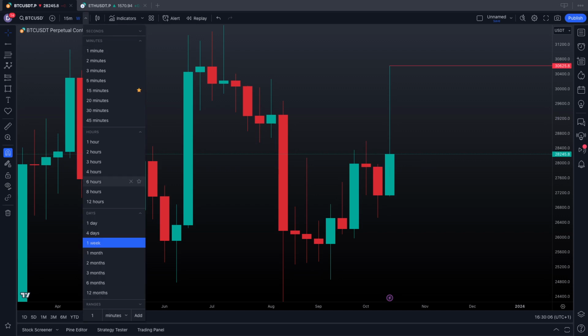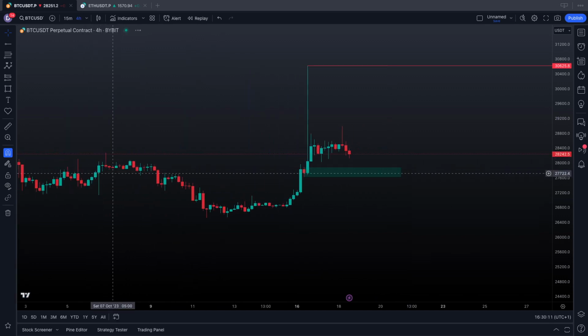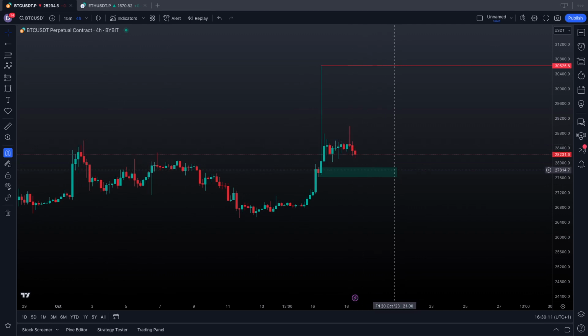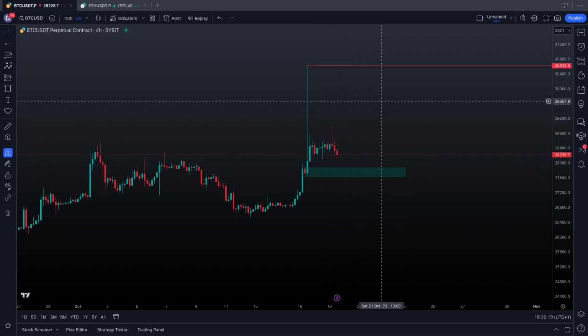I don't think we have anything really. So yeah, price could just range, create liquidity, come down here, bounce, and then come back up to take out this high. Invalidation for this idea is literally just breaching this order block.